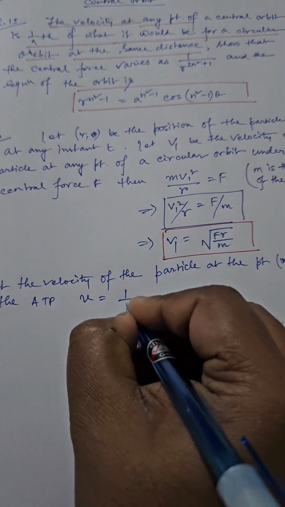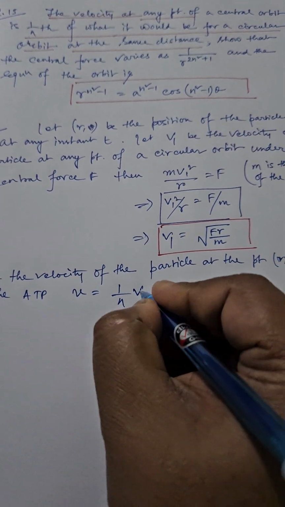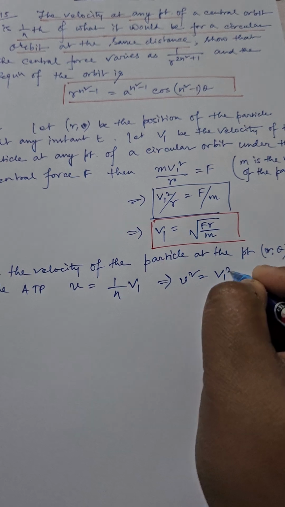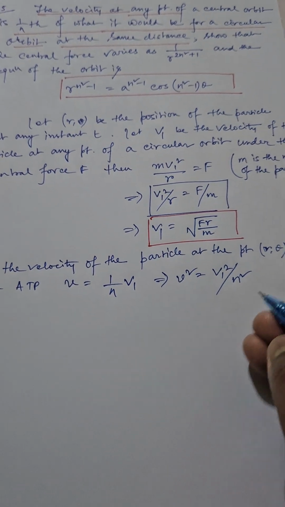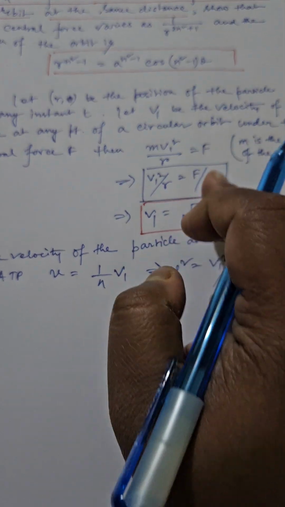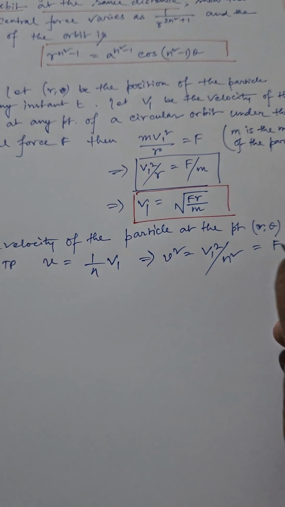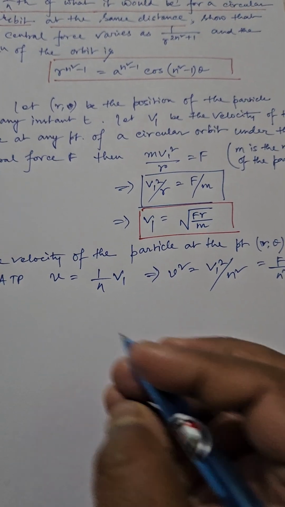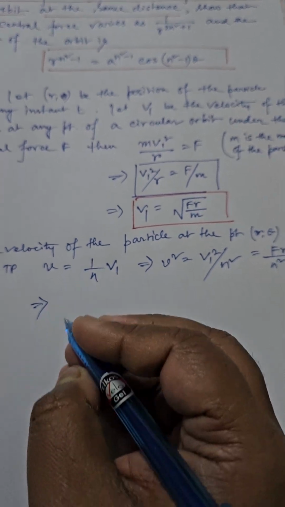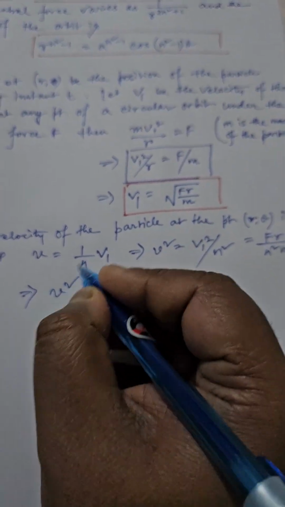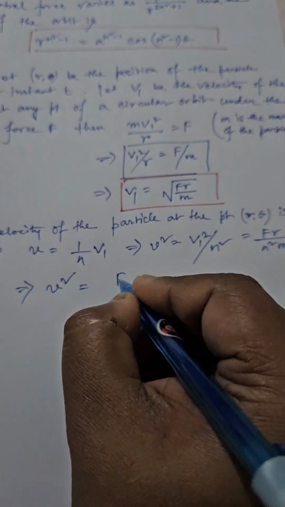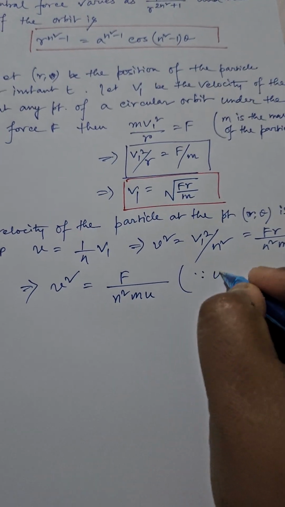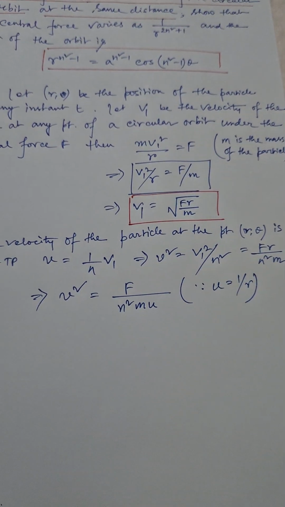So v can be written as 1 by n of v1. That means v square will be v1 square by n square. Already v1 square is F r by m. So F r by n square m. And so you can say that small v square will be equal to F by n square m u, where u equals 1 by r.